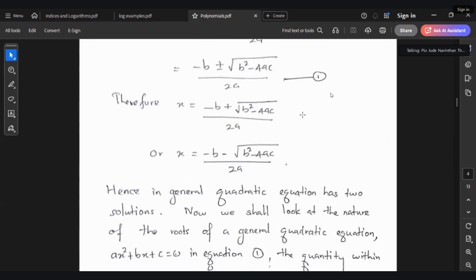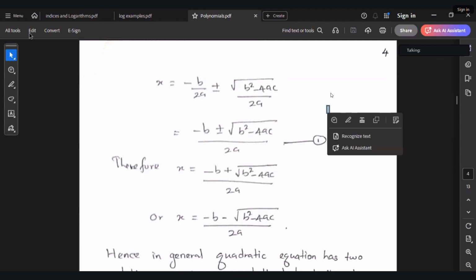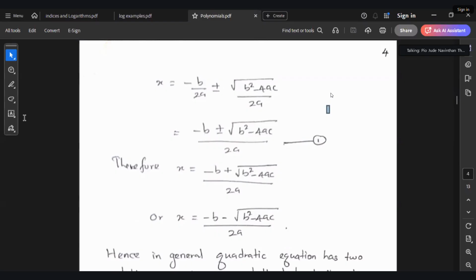Okay, before that, within this root value, b square minus 4ac there. This is a very important person, right? We are calling this one delta. Delta will be written like this, right?